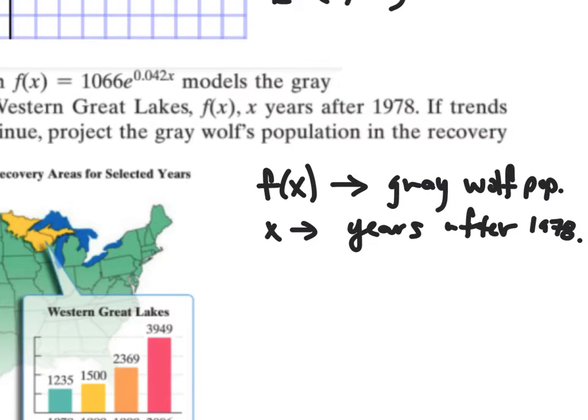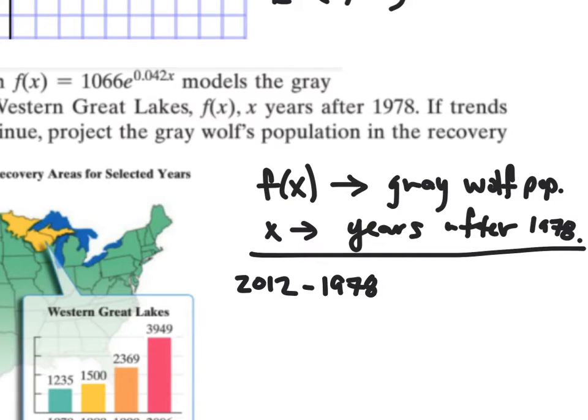What we want to do is figure out the x value that we're going to plug in, to find the gray wolf population in 2012 if the trend continues. Because x is the years after 1978, we subtract 1978 from 2012 to get the number of years after 1978.